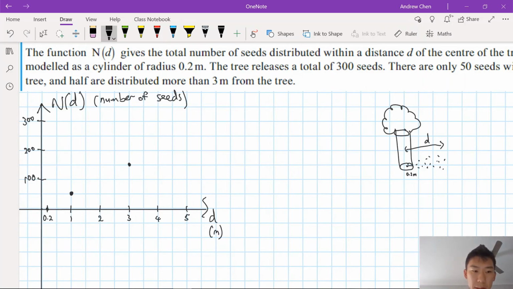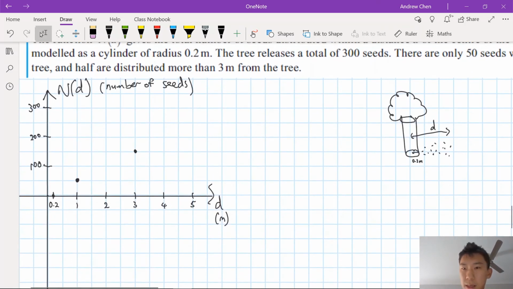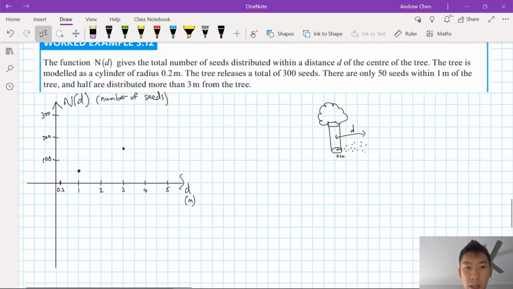And right now, this is where it kind of gets a bit, we kind of just have to interpret it however we think. Using the fact that the tree releases a total of 300 seeds, I think there's probably more than one way you can do this, but I'll just do it this way for this example.